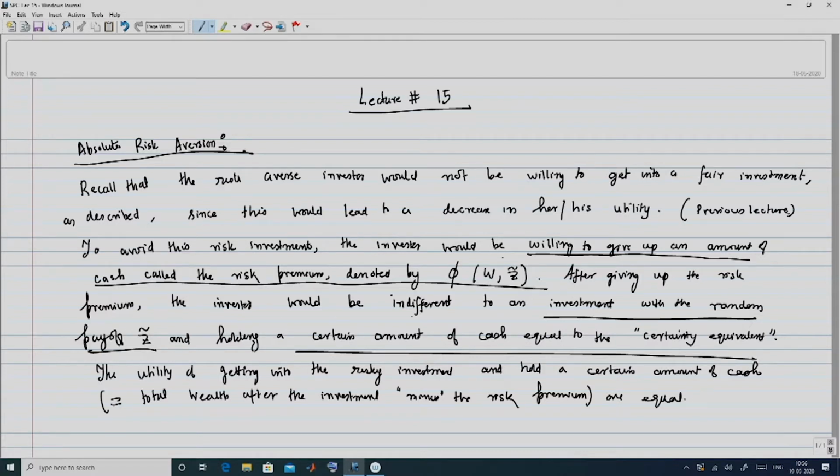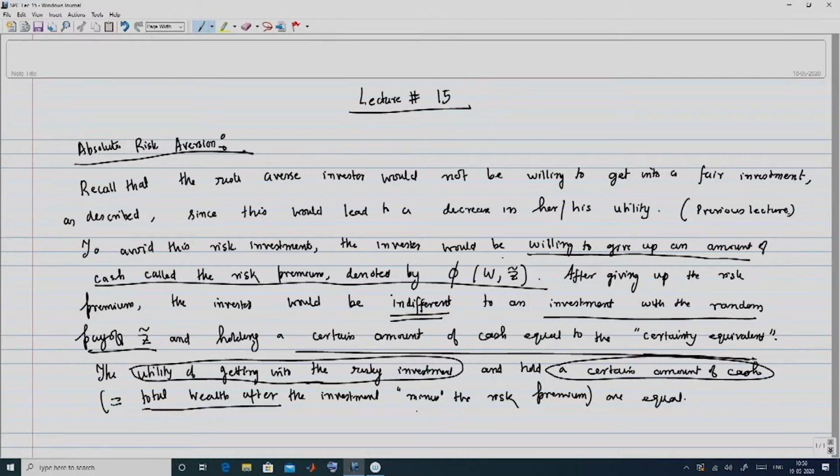This is just a manifestation of the previous statement that they will be indifferent. So, the utility of getting into a risky investment is equivalent to holding a certain amount of cash, and remember the certain amount will be given by total wealth minus risk premium, and they are equal. So, this statement is essentially just stating the preceding statement in a slightly different form.